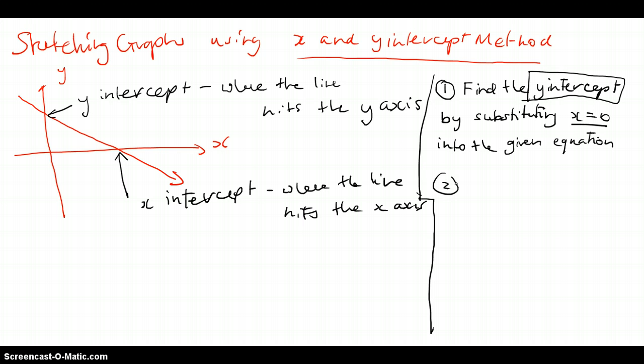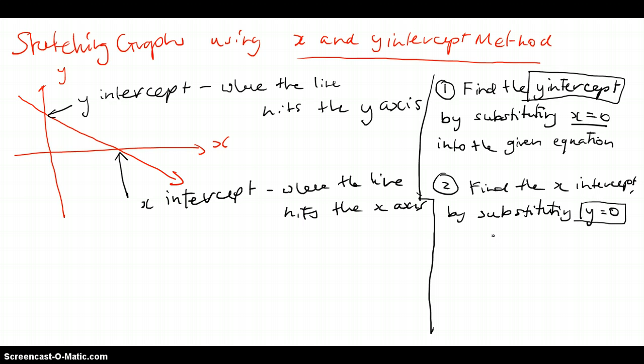Next thing, find the x-intercept. The way we do that is by substituting y equals 0 into the given equation.